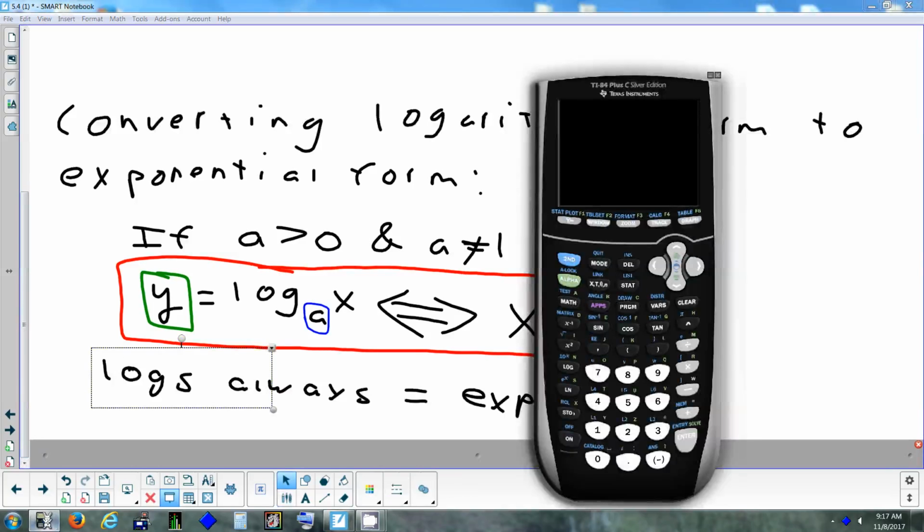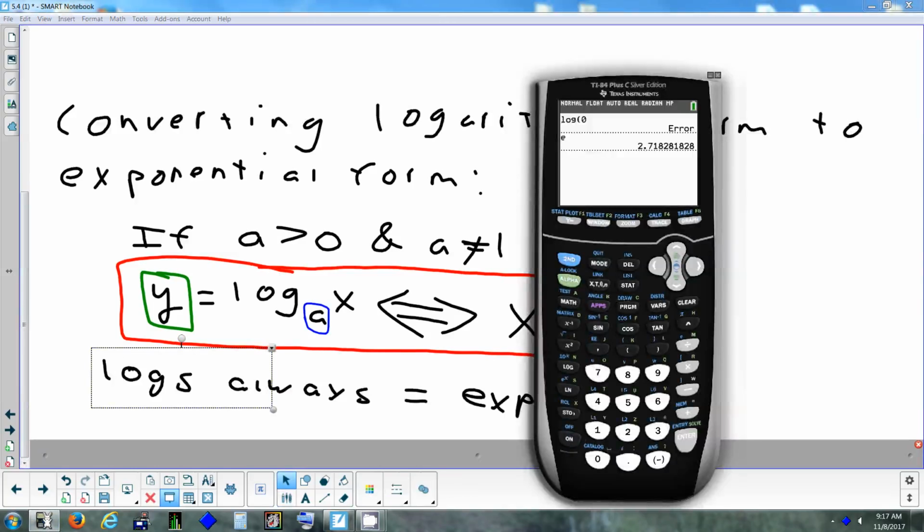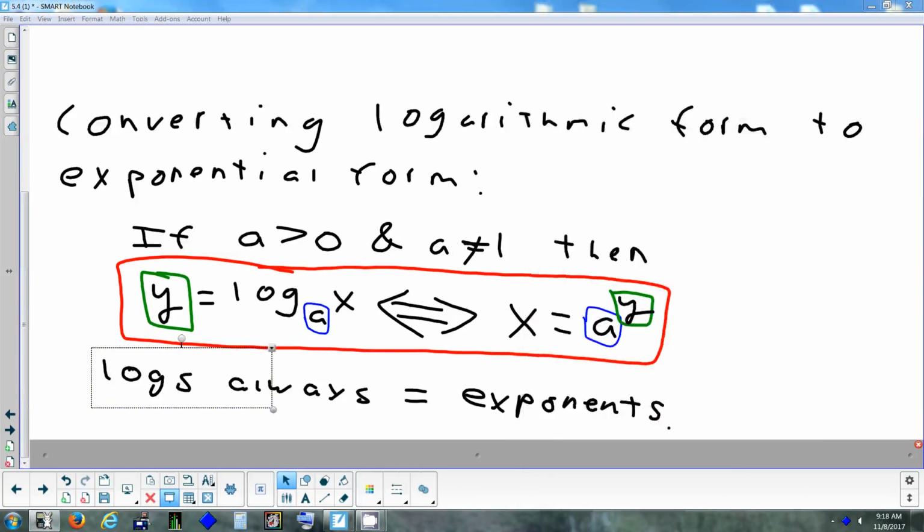When you type in a calculation on the calculator, like log of 8, that number, 0.903, that's an exponent to something. Whatever, word problem or whatever you're doing, that number is an exponent. So logarithms are always equal to exponents.